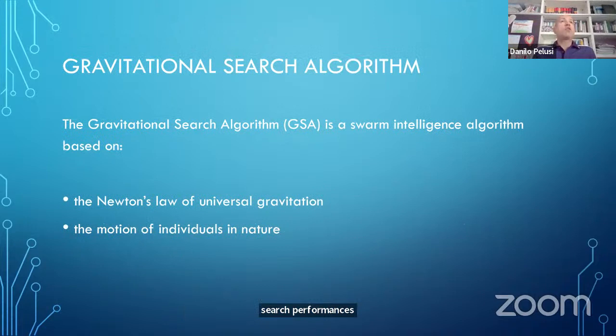Among swarm algorithms, we have an algorithm named the gravitational search algorithm. The gravitational search algorithm is a swarm intelligent algorithm which is based on Newton's law of universal gravitation and the motion of individuals in nature.